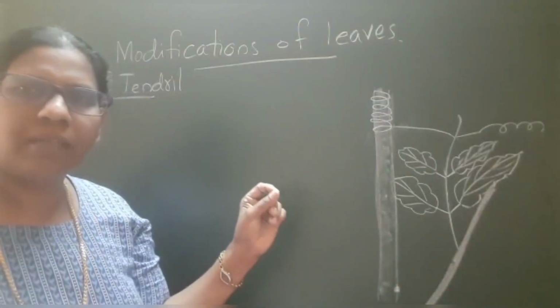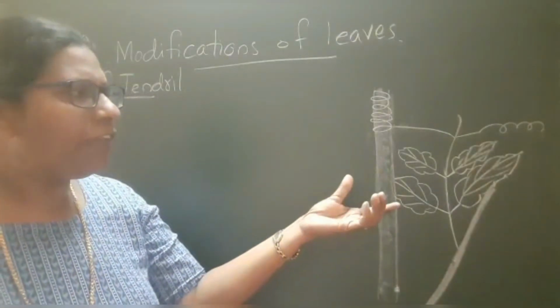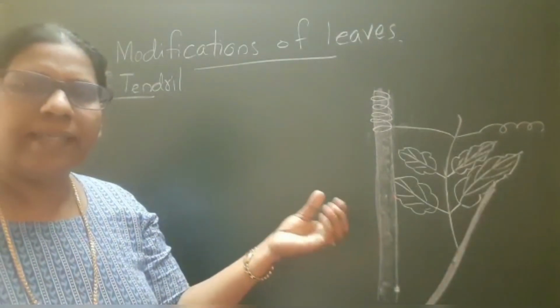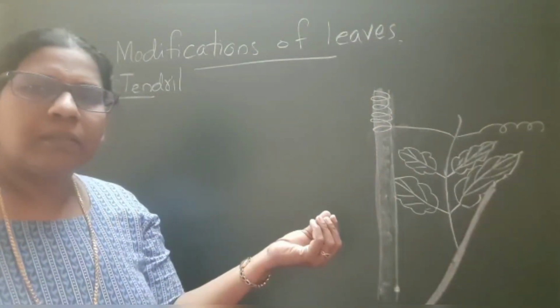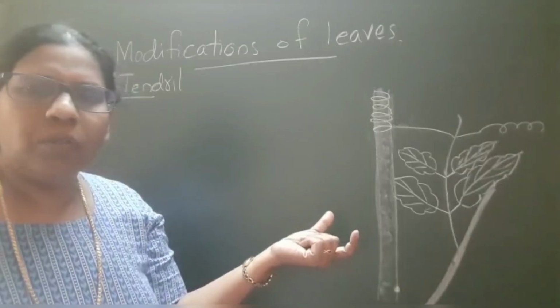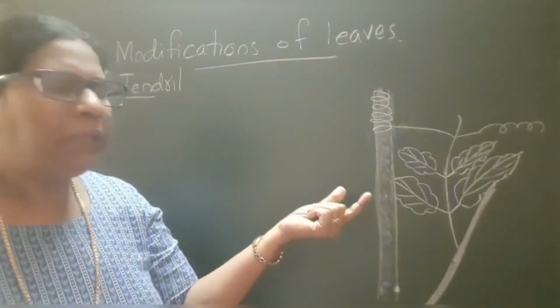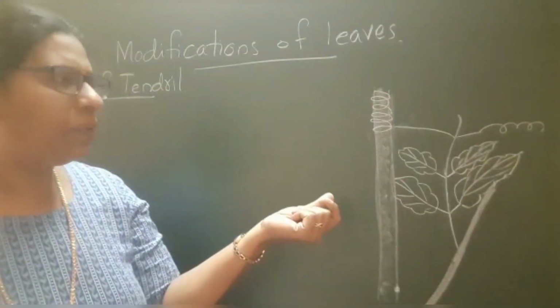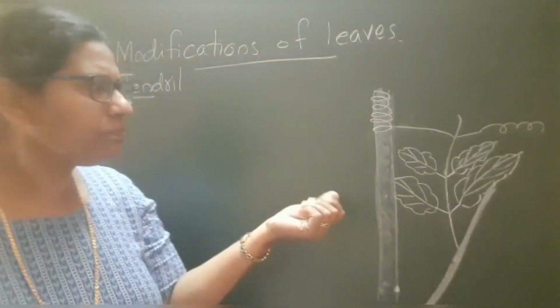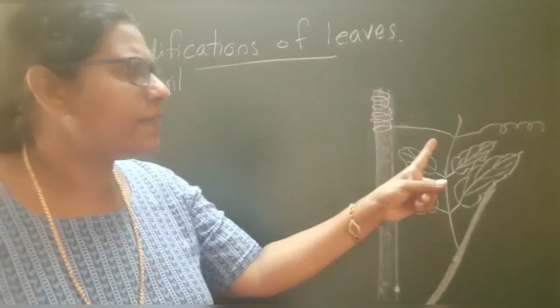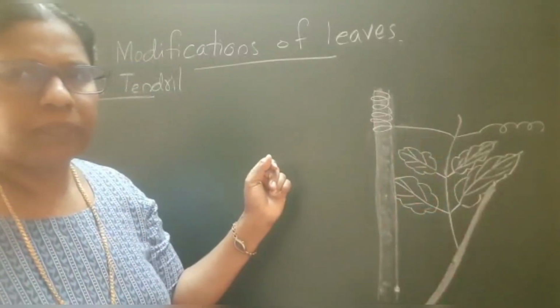What is leaf tendril? In a weak stem plant, for example, bitter gourd or a pea plant. In bitter gourd, you call it Karela. This plant has leaf tendril.